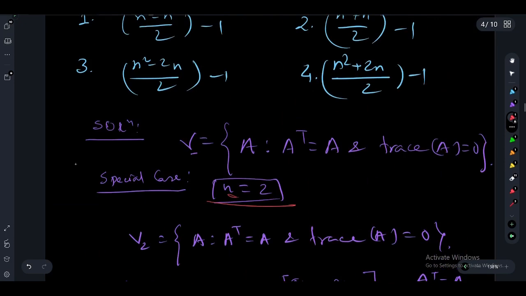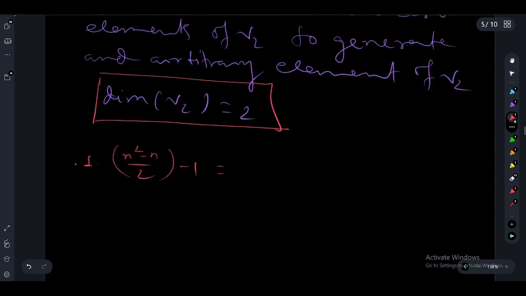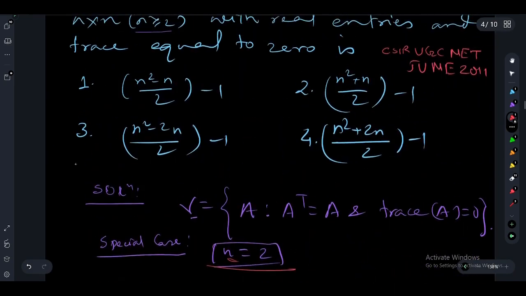For n equals 2 we have seen that the dimension of the vector space is 2. So in each option we will find the dimension by substituting the value of n. So we have 2 square minus 2 by 2 minus 1, and this simplifies to 0. So option 1 is incorrect.